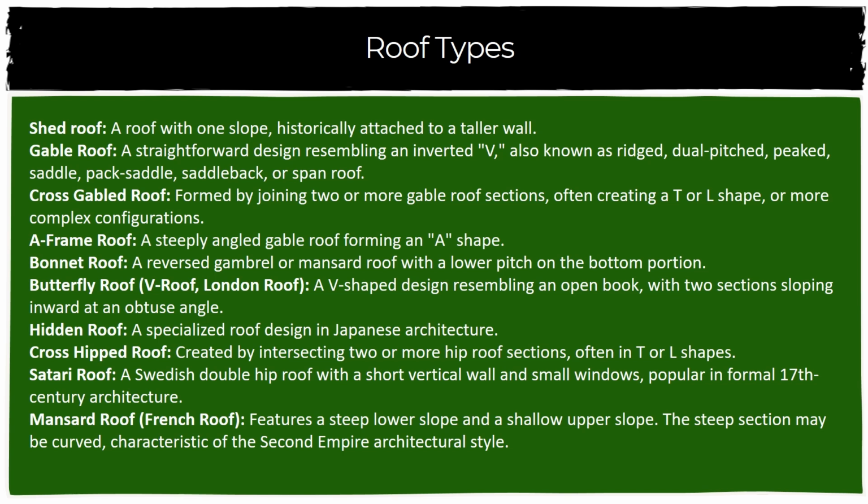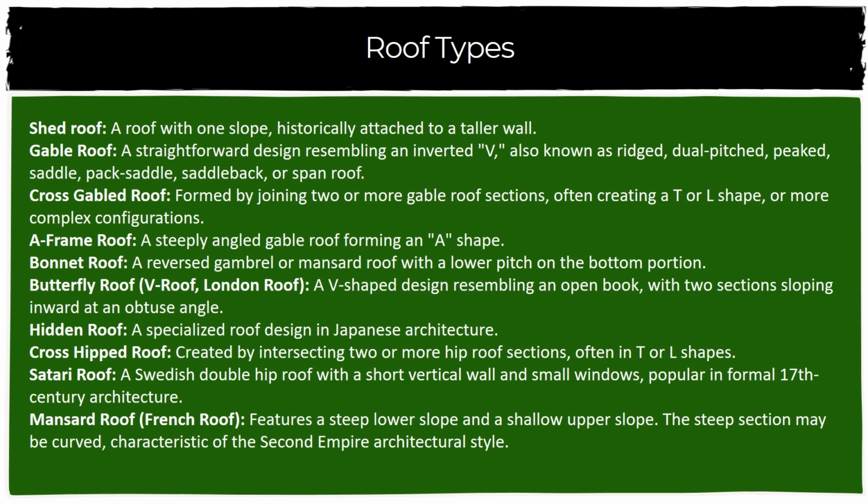A-frame roof: a steeply angled gable roof forming an A shape. Bonnet roof: a reversed gambrel or mansard roof, with a lower pitch on the bottom portion. Butterfly roof, V-roof, London roof: a V-shaped design resembling an open book, with two sections sloping inward at an obtuse angle. Hidden roof: a specialized roof design in Japanese architecture.